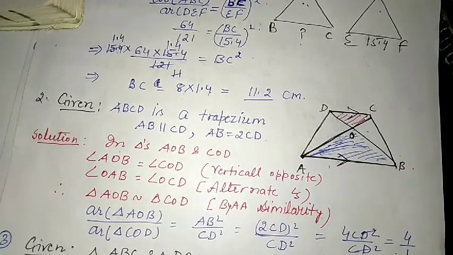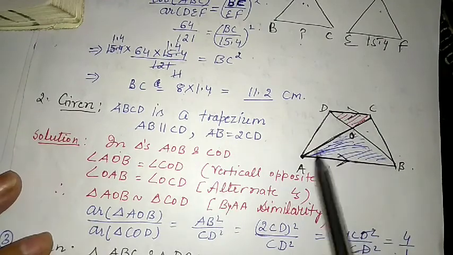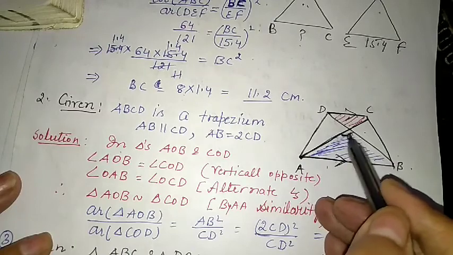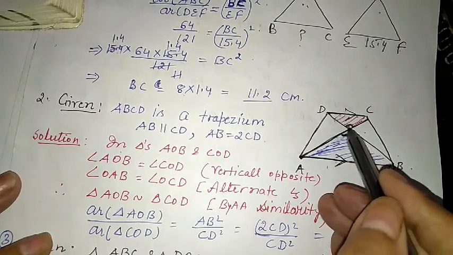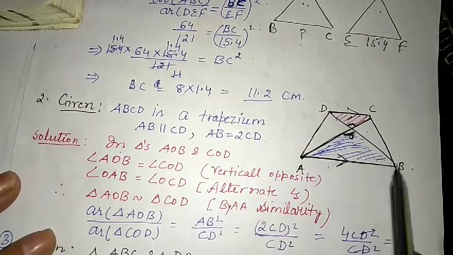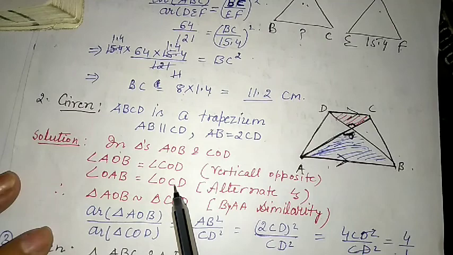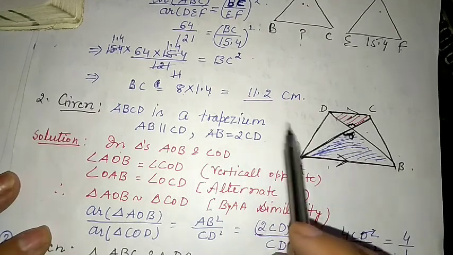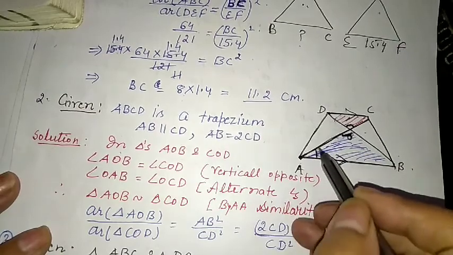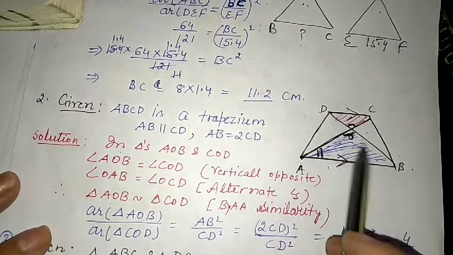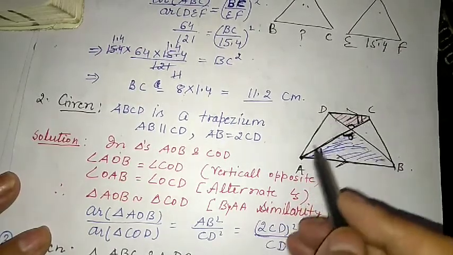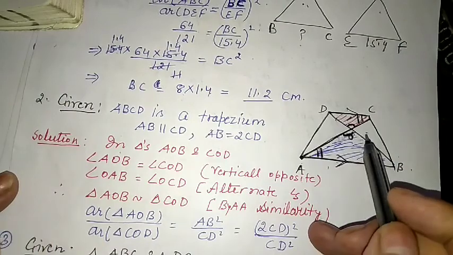So what do we have here? Angle AOB and angle COD are both equal because they are vertically opposite. Now AB is parallel to CD, it is given. So we can write angle OAB is equal to angle OCD, because these are parallel lines, so these are alternate interior angles.